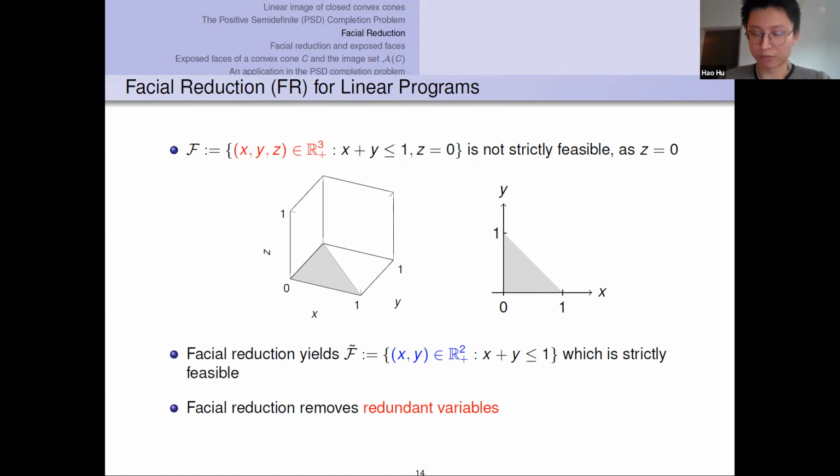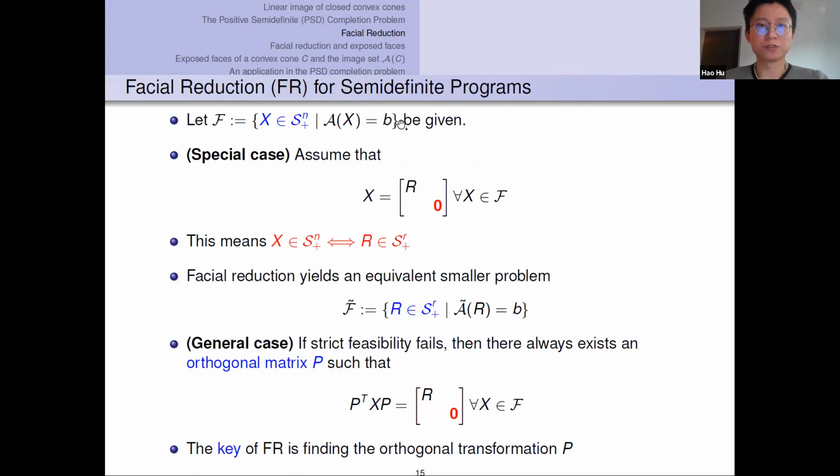So let me elaborate this idea further using semi-definite programs, which is more relevant for the PSD completion problem. If we have defined a spectrahedron in this way, let's look at what feature reduction does. So let's start with a special case. Now, assume that all the feasible matrices X are block diagonal with a 0 diagonal block.